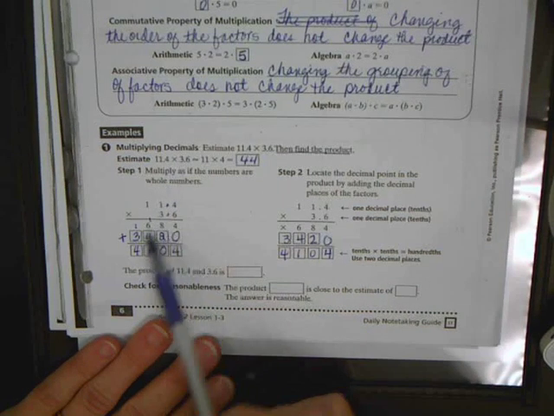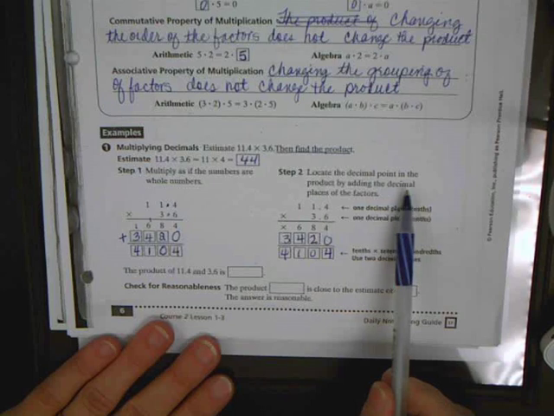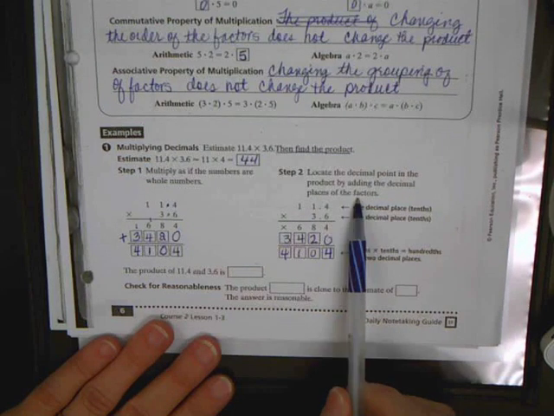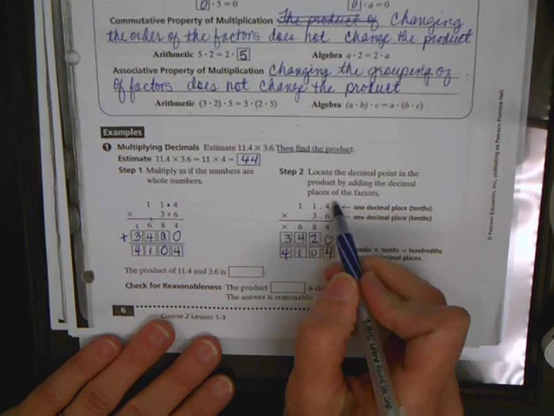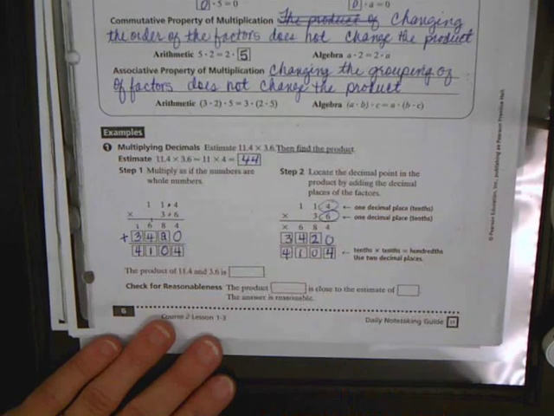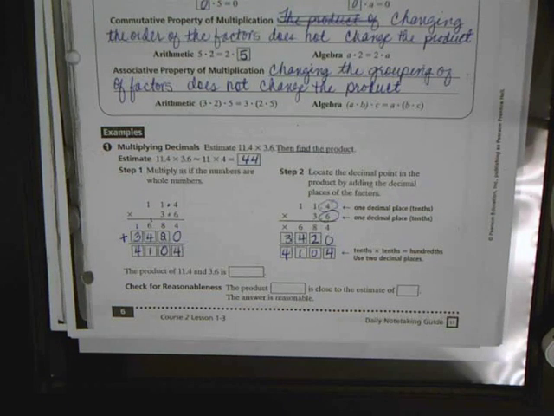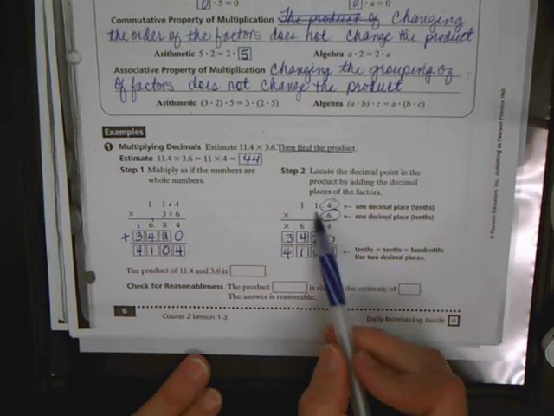Now, after you do all of that, we want to locate the decimal point in the product by adding the decimal places of the factors. So here is one decimal place in that factor. Here's a second decimal place in that factor. So there are 2 decimal places behind the decimal point in the factors.